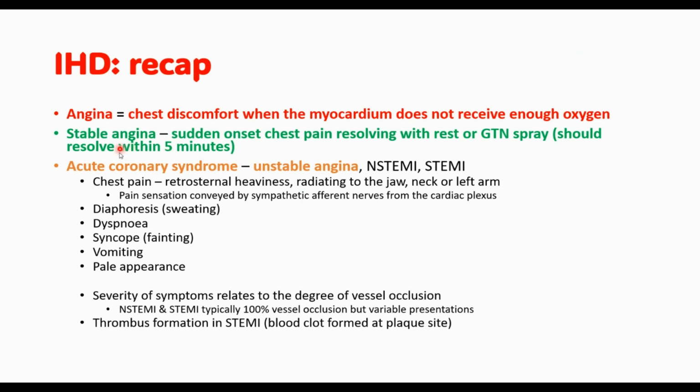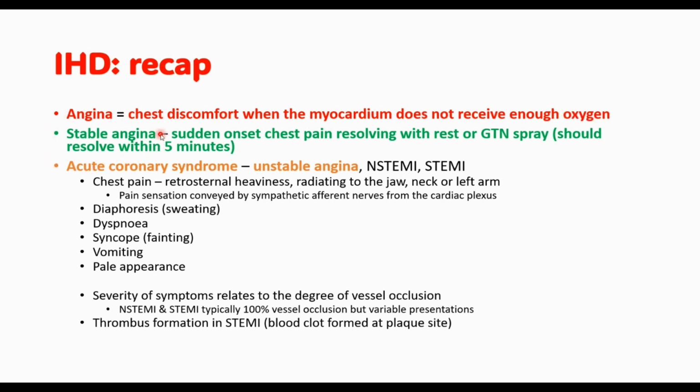So we're going to do a little recap of ischemic heart disease, and if you haven't already, watch my introduction on ischemic heart disease, and that'll bring you up to speed. So we've got some definitions. Angina is chest discomfort when the myocardium, the muscular layer of the heart, doesn't receive enough oxygen.